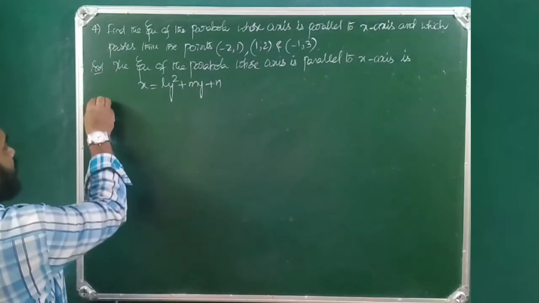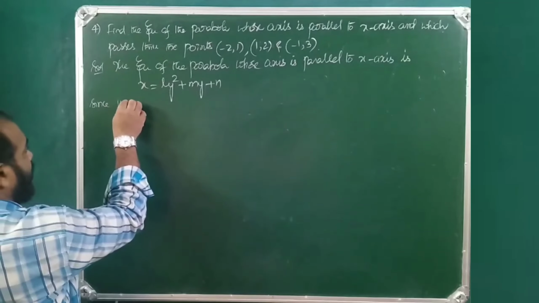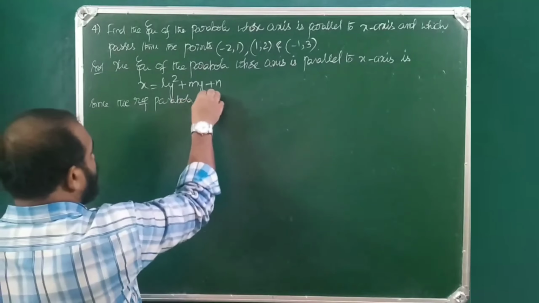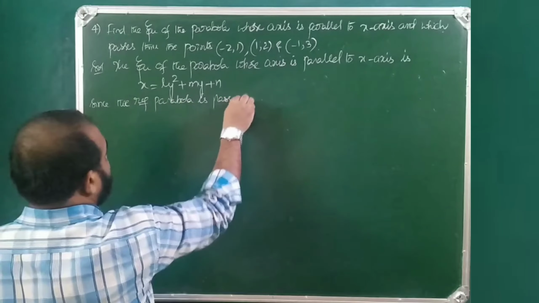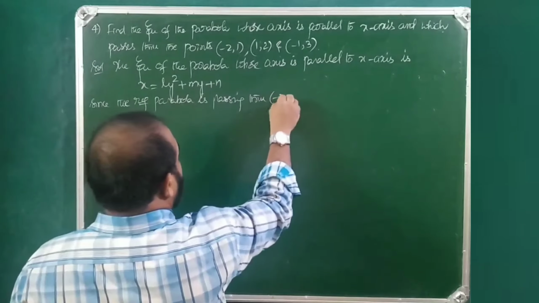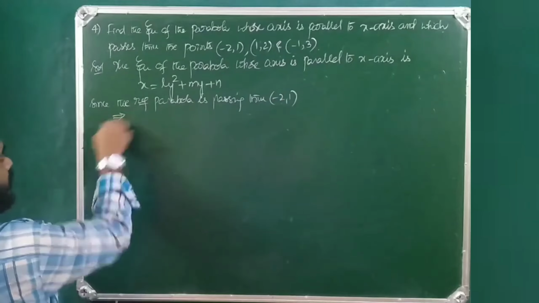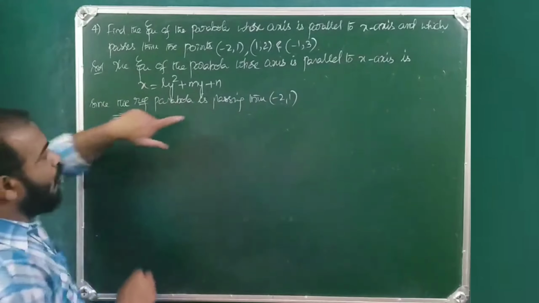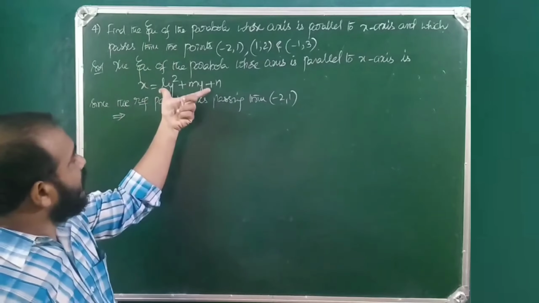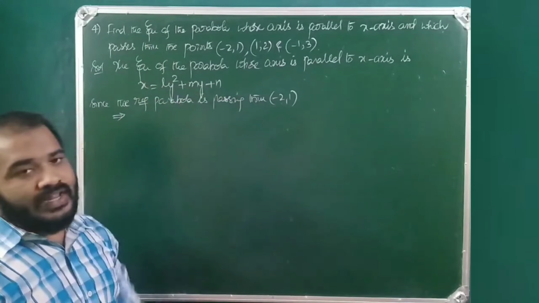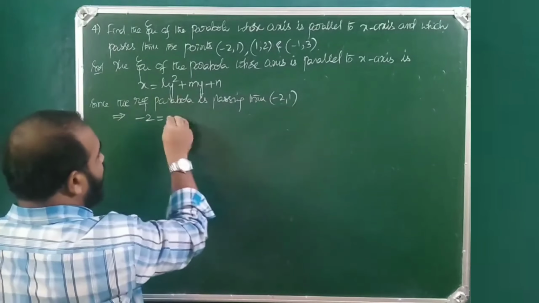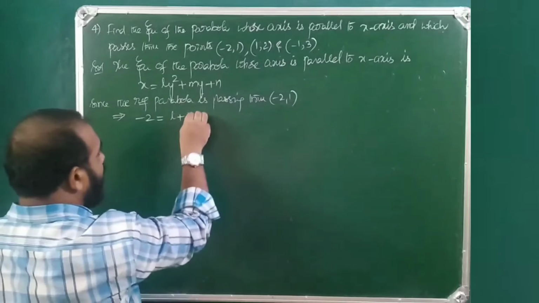Since the required parabola is passing through minus 2 comma 1, substitute. If the parabola passes through the point, it has to satisfy the parabolic equation. So minus 2 equals L into 1 square, L, plus m into 1, m, plus n.